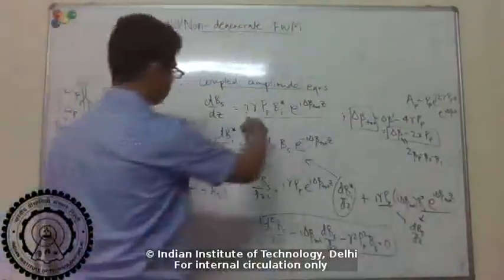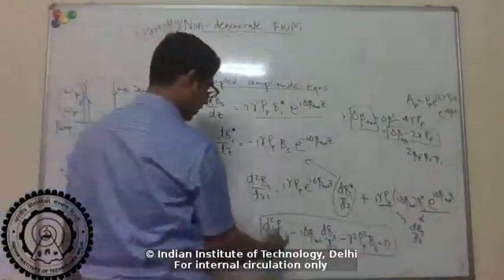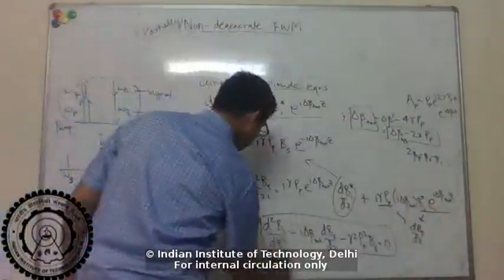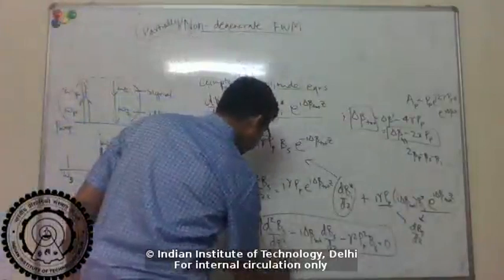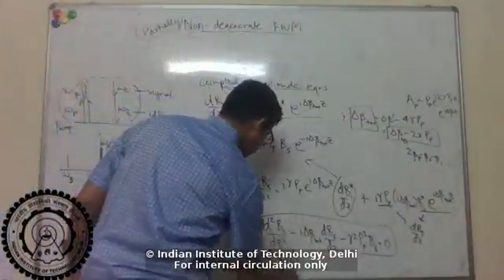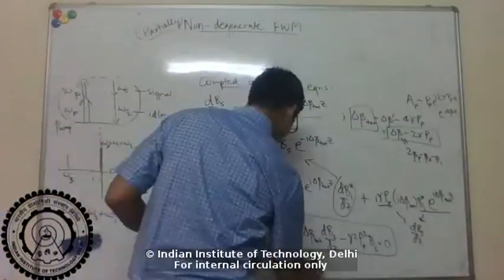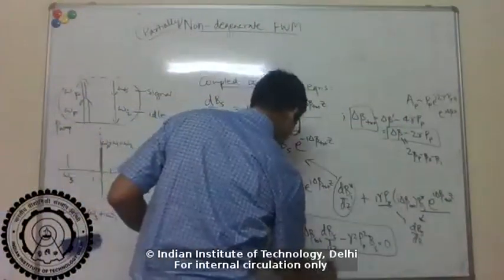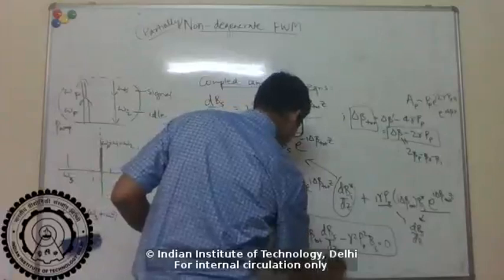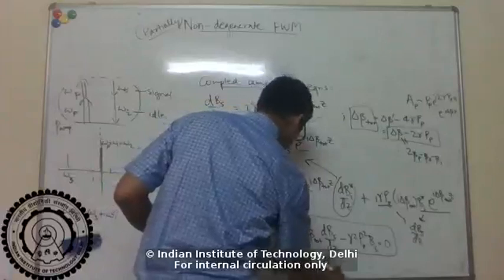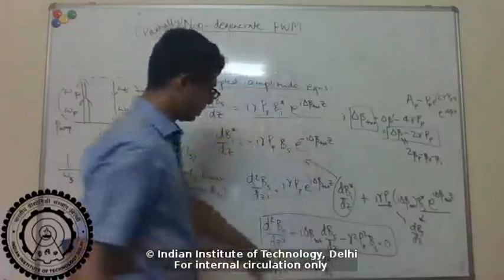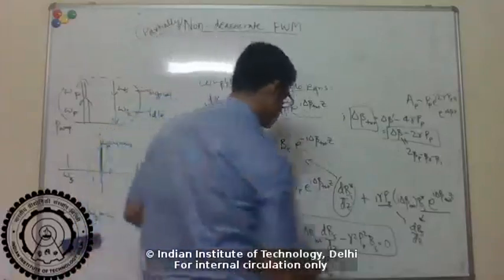Similarly, if you write the equation for idler, it will be the same equation. You can check. So if I am writing for bi conjugate, then I get a plus here.